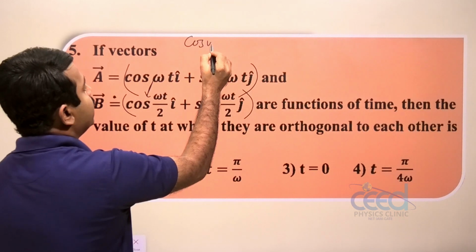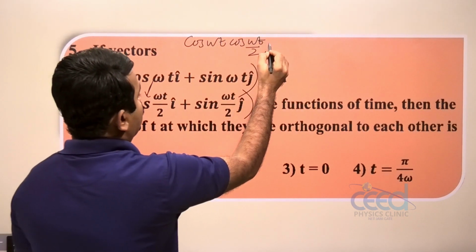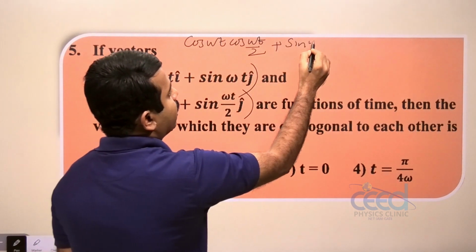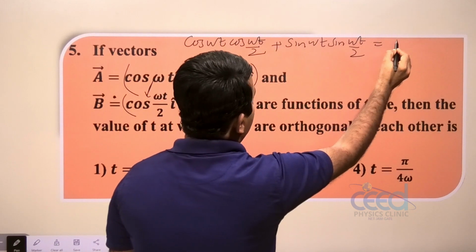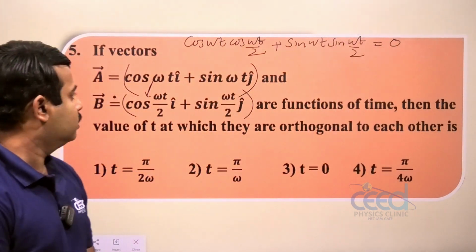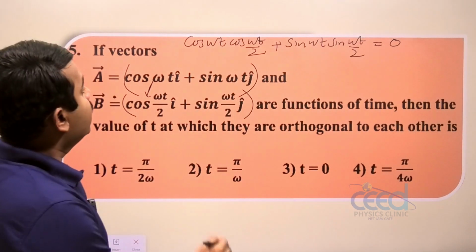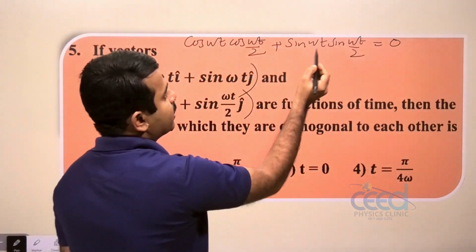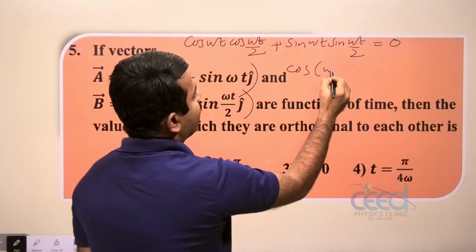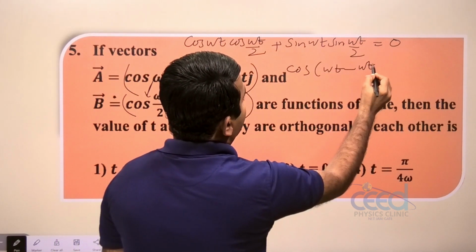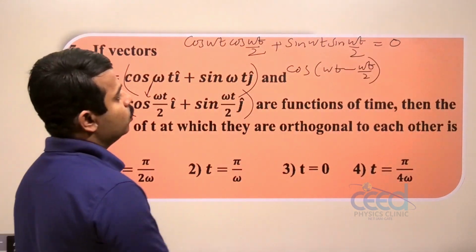Cos omega t cos omega t by 2 plus sin omega t sin omega t by 2 equal to 0, where dot product is 0. i dot i, j dot j, product of sum, right? Now what is cos A cos B plus sin A sin B? That is cos of A minus B, right? Omega t minus omega t by 2. That should be equal to 0.